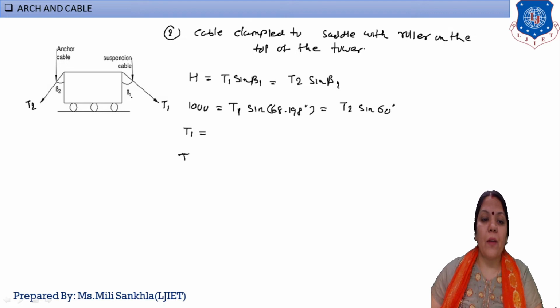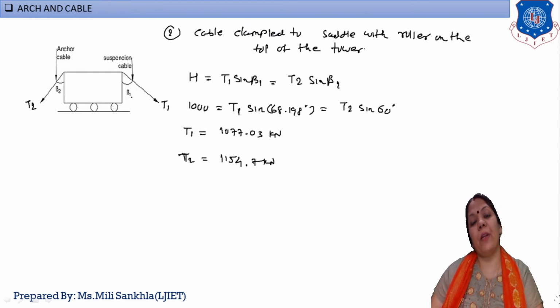T1 we get 1077.03 kilonewton and T2 is equal to 1154.7 kilonewton. From this H force we find out T1 and T2.